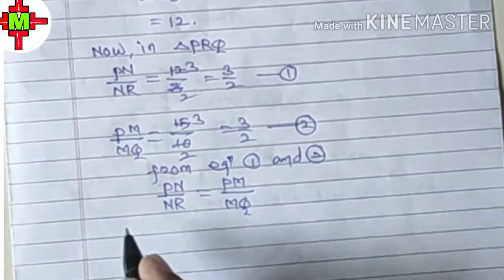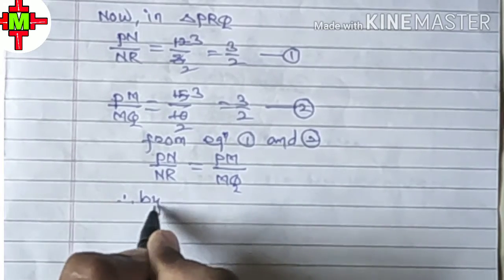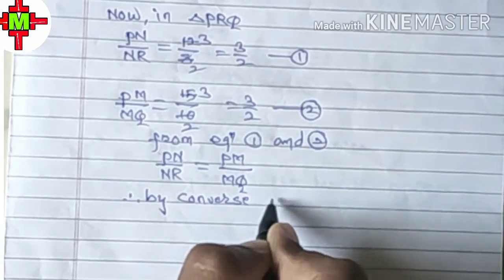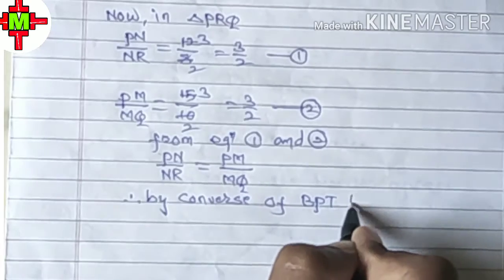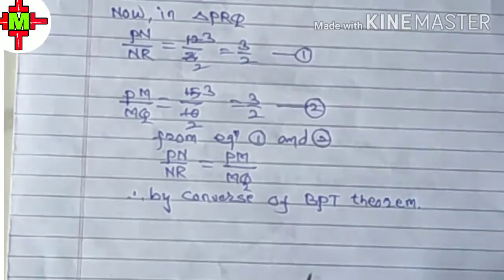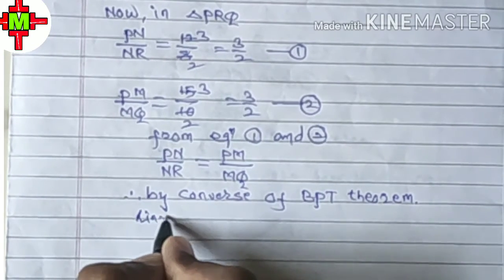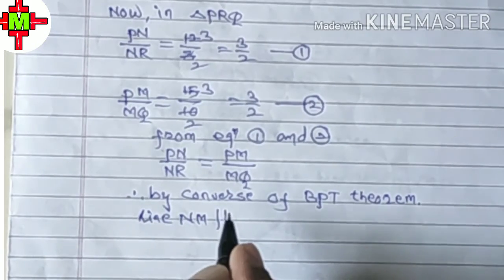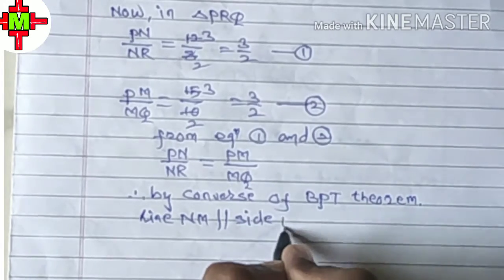Therefore, by converse of BPT theorem, basic proportionality theorem, line NM is parallel to side RQ.